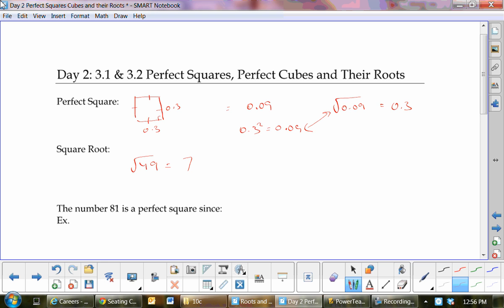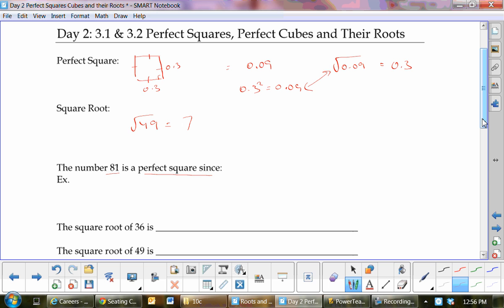Now, the number 81 is a perfect square since it has a rational number as the answer, as the solution.